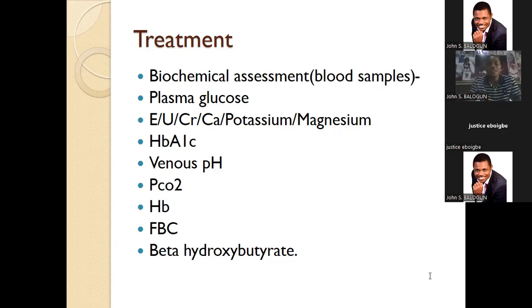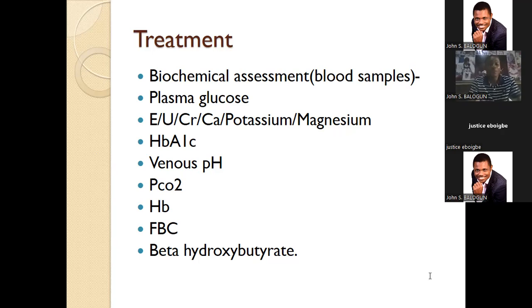Also, you check for potassium, because the level of potassium is usually low. Sorry, let me say the level of potassium may be normal. It is because of the dehydration. Don't forget, with hyperglycemia and hyperosmolality, I told you in one of our lectures that there is going to be what we call cellular dehydration. The cells will be dehydrated.